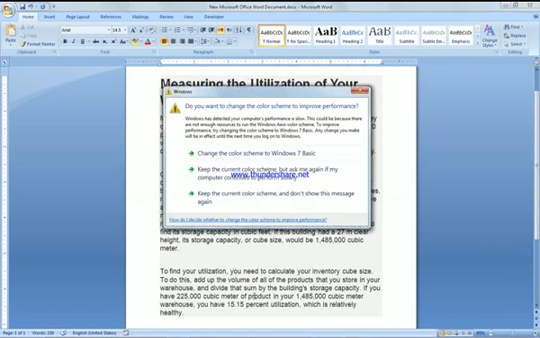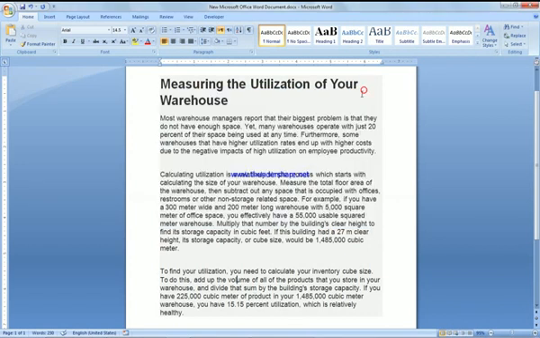So I will repeat: all I have to do is calculate the total warehouse capacity, which is the height times the width times the length. You put this as the denominator, and for the numerator you add up all the products' volume and put it in the numerator.